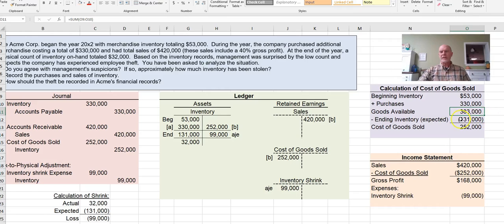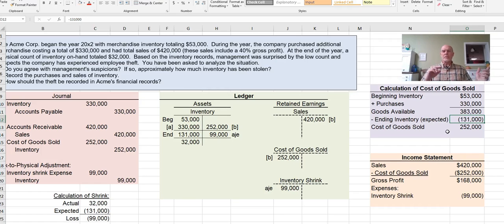And then I subtracted what we should have had, knowing that we had a gross profit included in our sales prices of 40%, then we would have had cost of goods sold of $252. And so we kind of backed into what that inventory should have been. And again, that allows us to identify the fact that we've actually lost inventory.